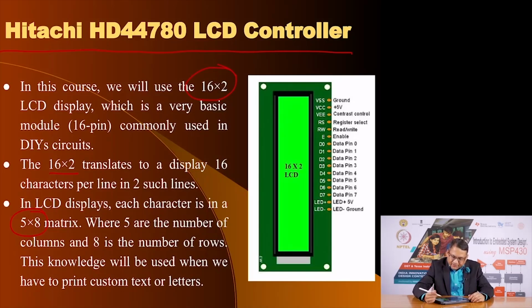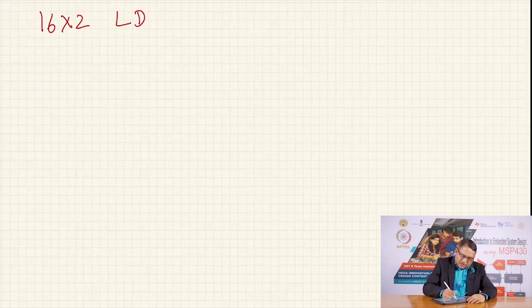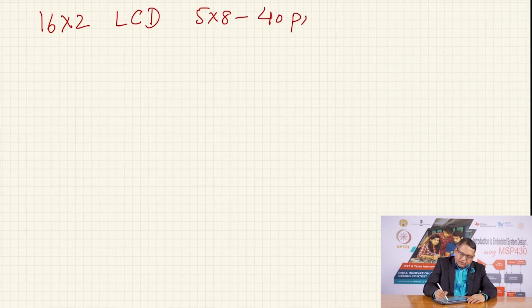Let us calculate that. Each character is 5x8, that means 40 pixels. Therefore, the total number of pixels on a 16x2 LCD is 32 into 40, and that is a large number of pixels that you have.